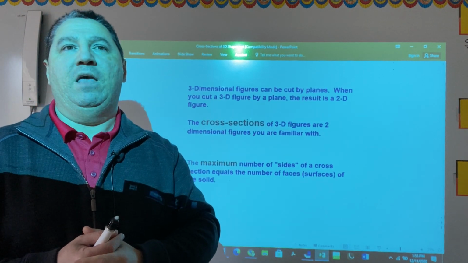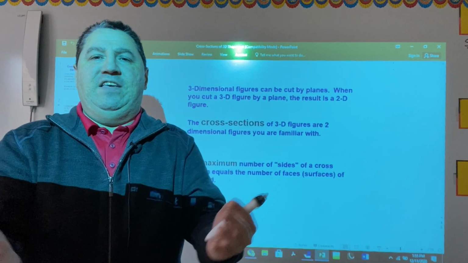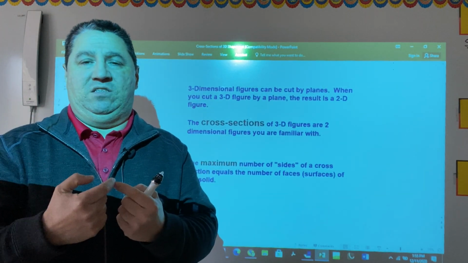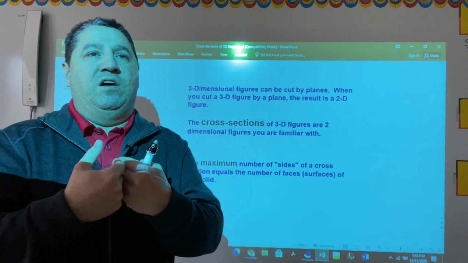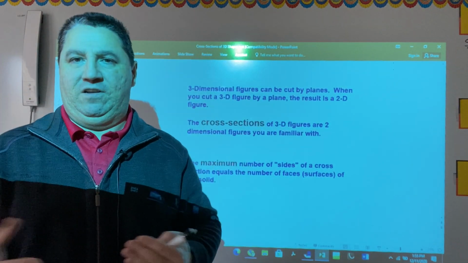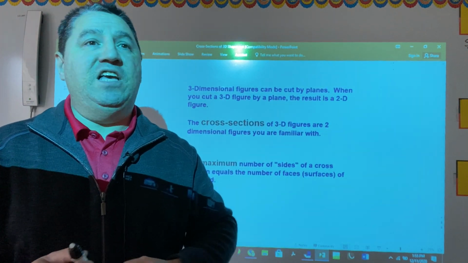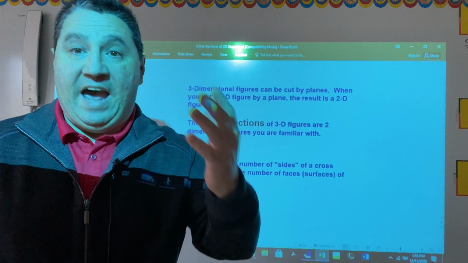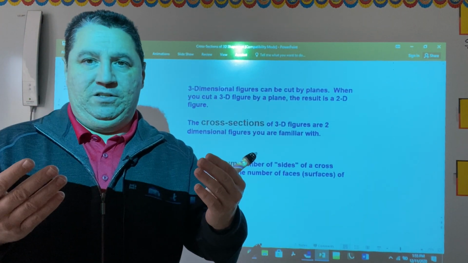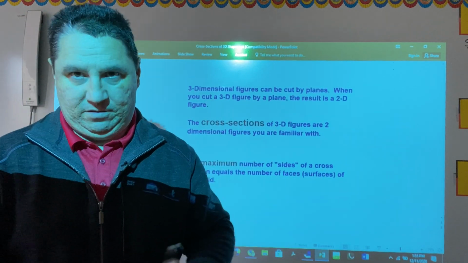For example, the number of faces of a cube is 6, which means the maximum cross section of a cube is a hexagon. So, in other words, a cross section of a cube cannot have more sides than a hexagon.